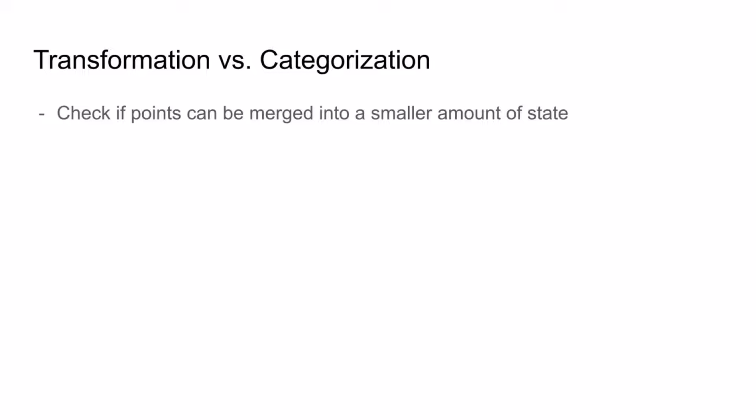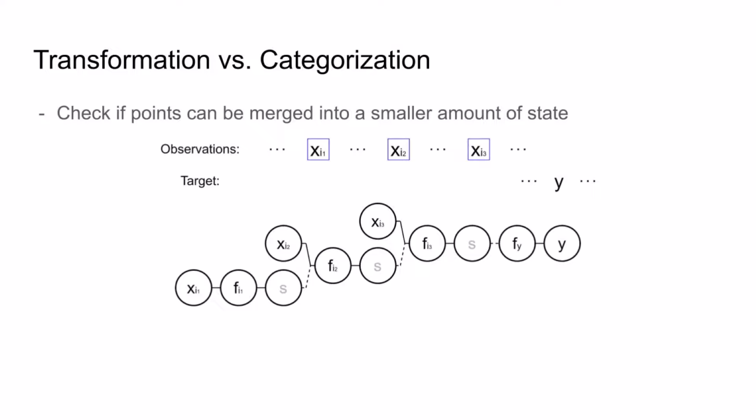Then, we'll form state from the points in history we selected. Specifically, we're going to check if the points can be condensed into an even smaller amount of data we'll have to memorize. So let's say we've selected these 3 points. We'll try to see if we can learn a sequence of relations, specifically small neural networks, that look like the following.